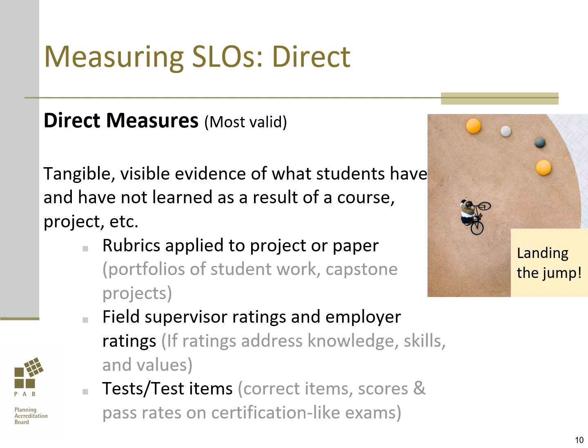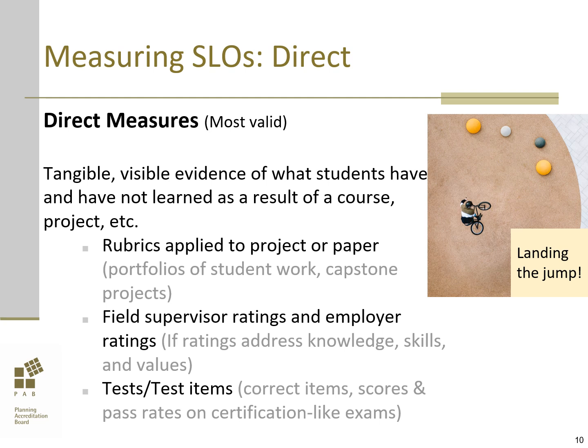There are two categories of measures that are often seen in a program's assessment process. The most valid and required measure are direct measures, such as projects with applied rubrics, employer ratings related to PAB criteria, and exam questions specific to course learning outcomes tied to PAB criteria.